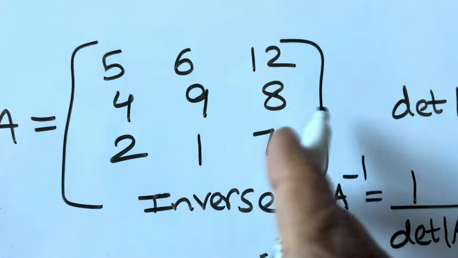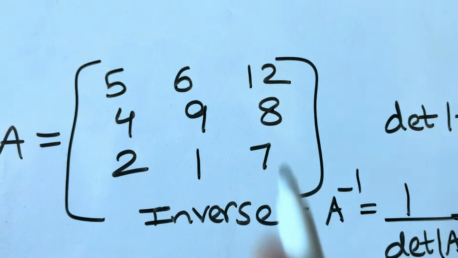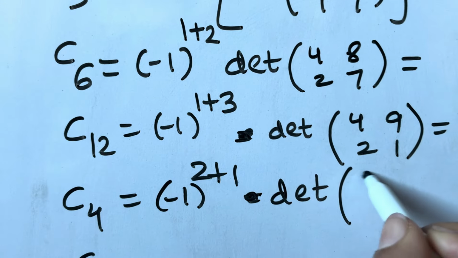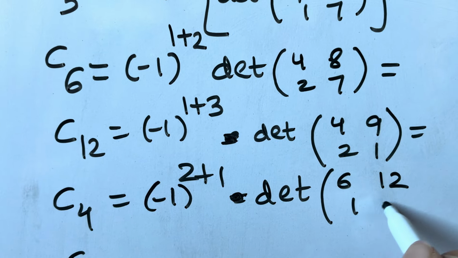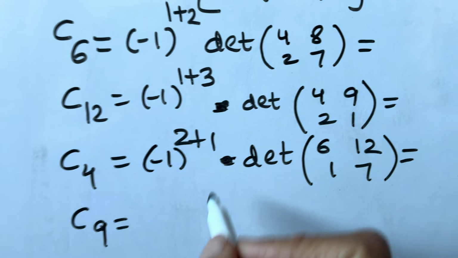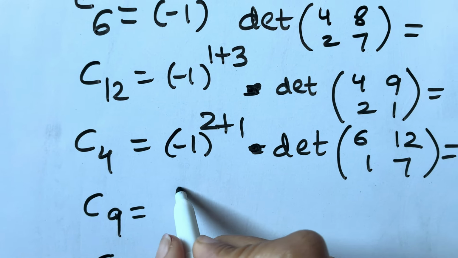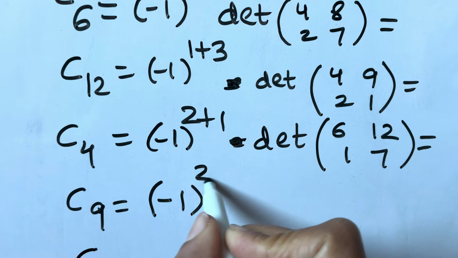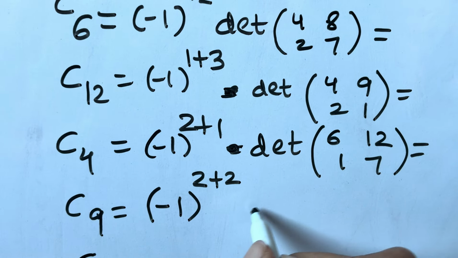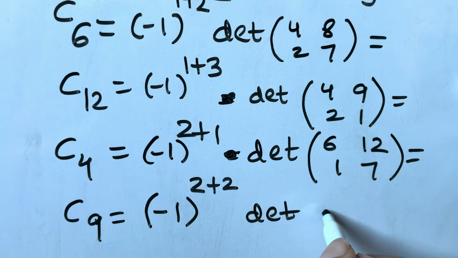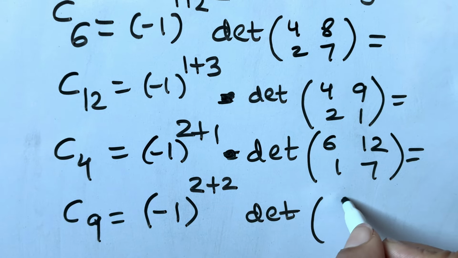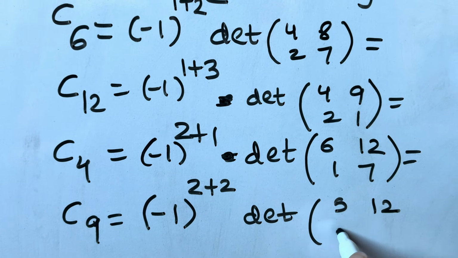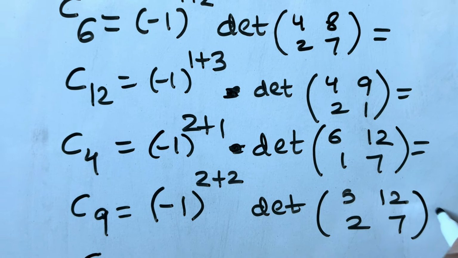So I'm removing my second row and first column. I'll be left over with 6, 12 and 1 and 7. So the determinant of 6, 12, 1 and 7. Like that I'm writing out the 9: -1 to the power second row second column, 2 plus 2, and the determinant of removing 9, I am left over with 5, 12, 2 and 7.